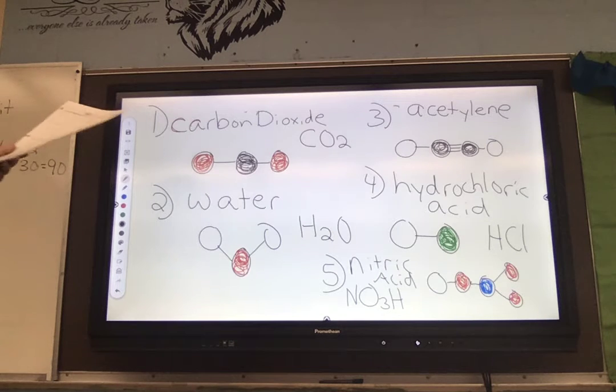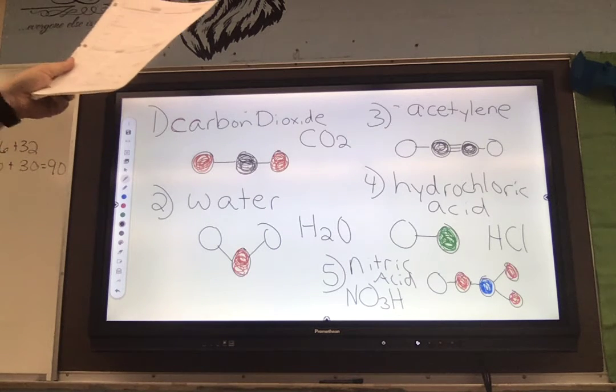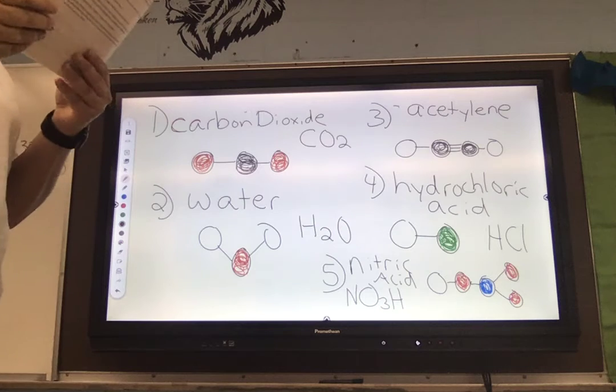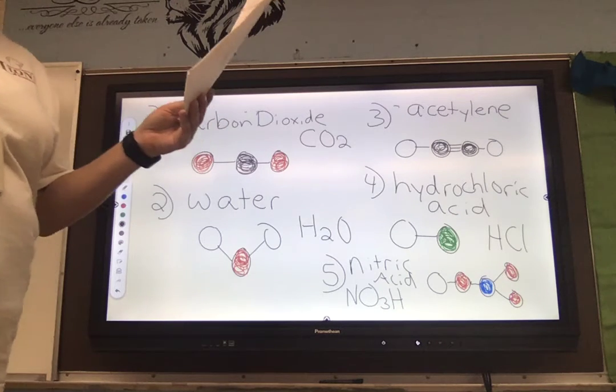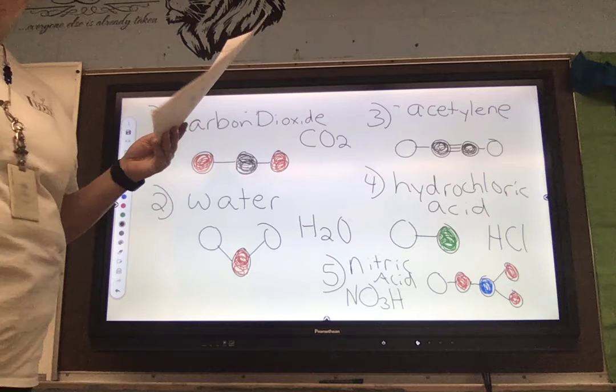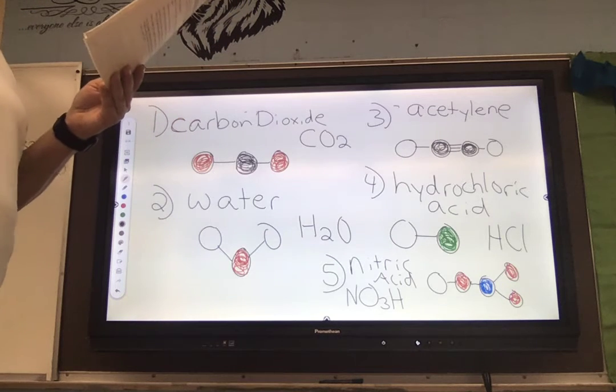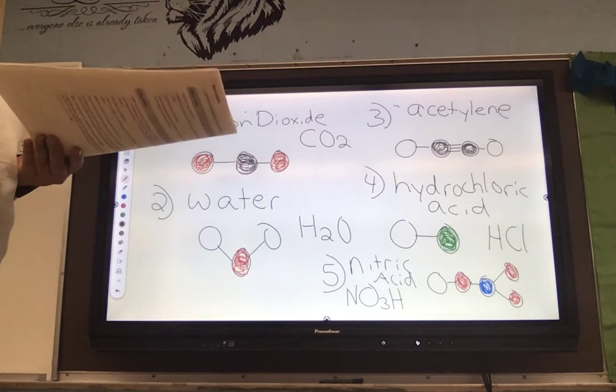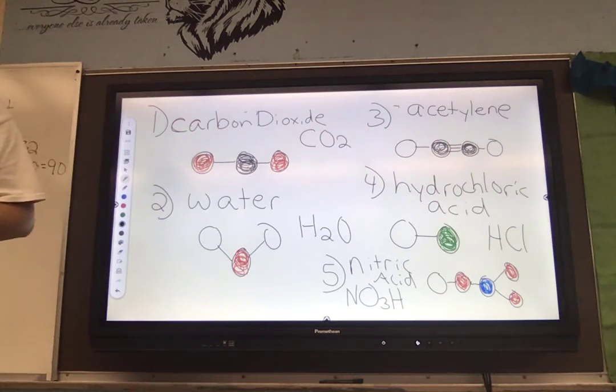Now, once you figure out all your colors, on number 6, you're going to tell me which element was white, which element was green, which element was gray, which element was blue, and which element was red. Then I want you to pick any molecule that's in your chemistry book, on your chart that we did where you listed all your elements.